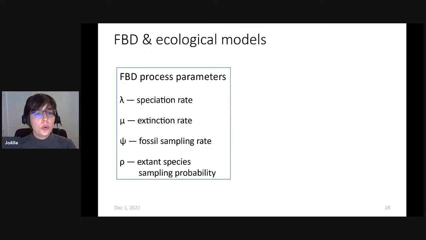And that they're not the consequence or the result of other processes, right? They're here and they're entirely controlled by these parameters. But obviously in reality, speciation and extinction rates are things that happen as a result of other ecological interactions, you know, and spreading of species and things like that.